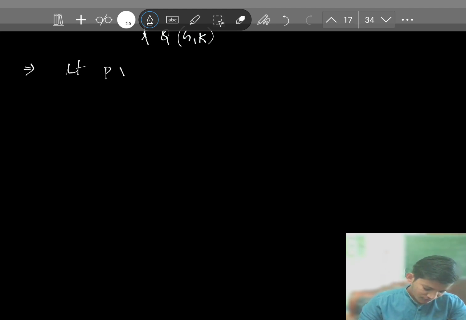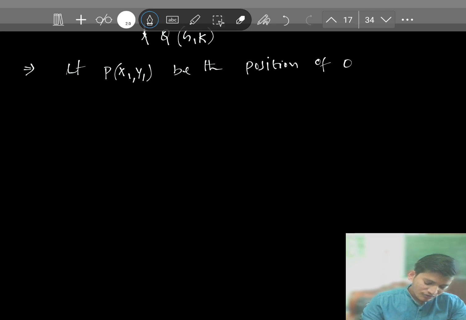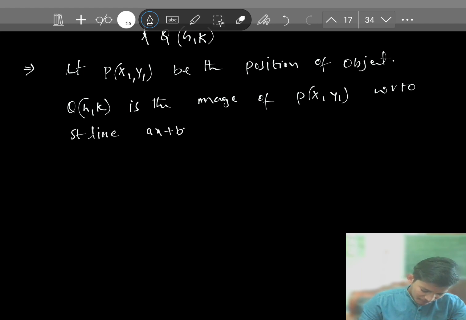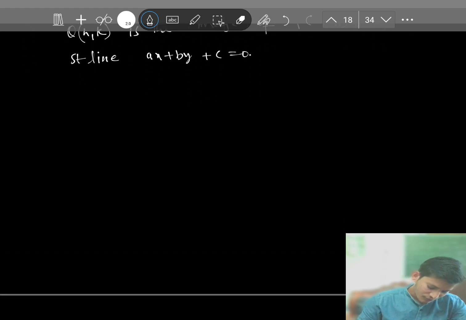So first of all, let P of x1 comma y1 be the position of the object, and Q of h comma k is the image of P of x1 comma y1 with respect to the straight line ax plus by plus c equals to 0.